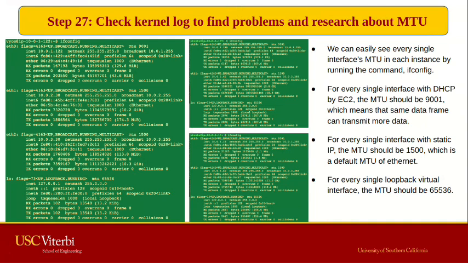AWS issues the special MTU to our VPC, to our router. I think the higher MTU can help us send large frames in order to improve the performance of the network.